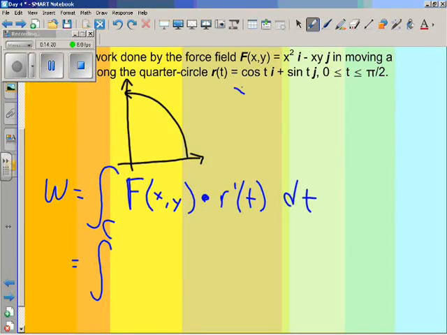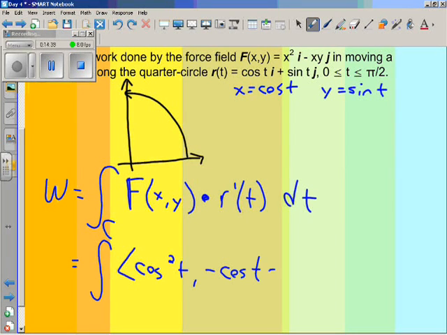So x equals cosine of t, and y equals sine of t. And so F is going to turn into this vector: cosine squared t, and then negative cosine t sine t.